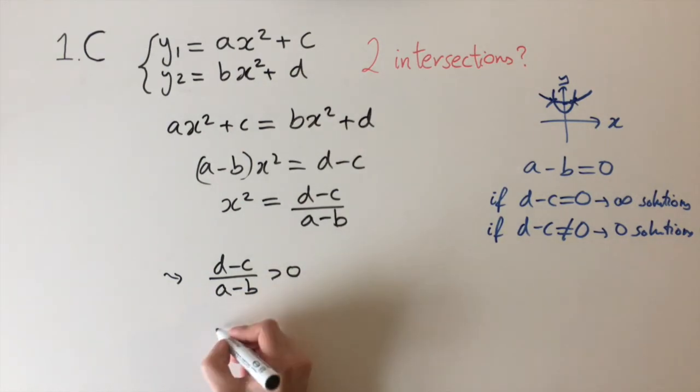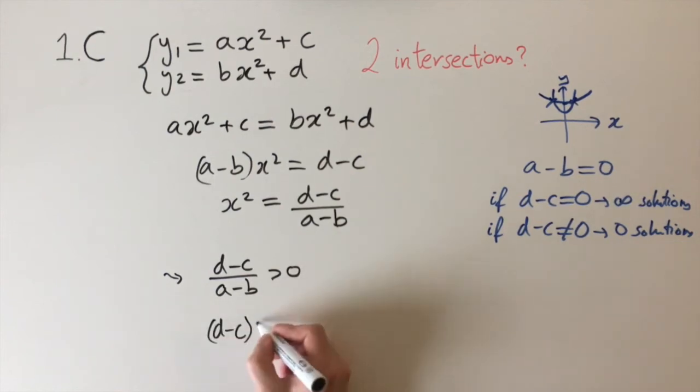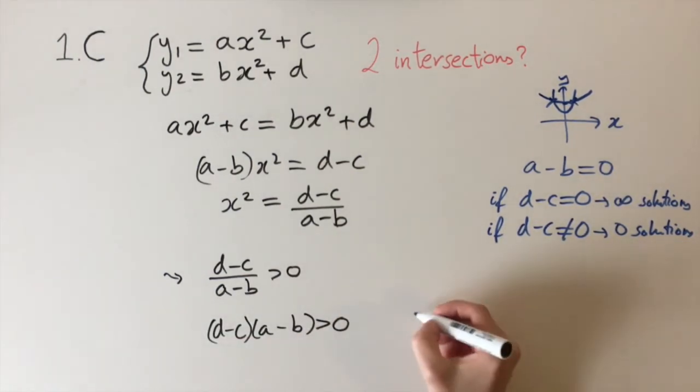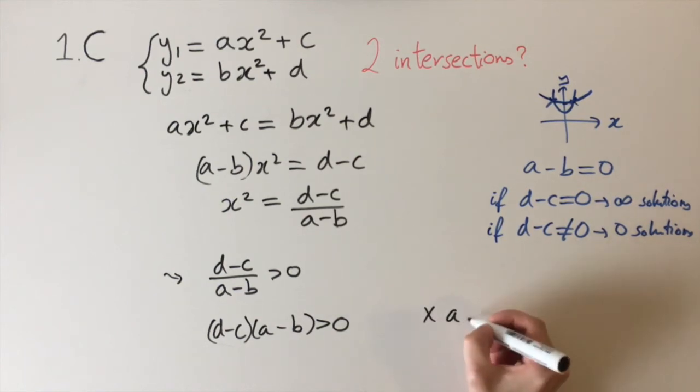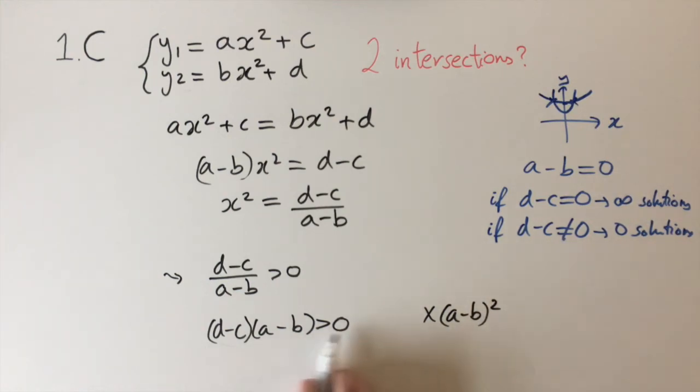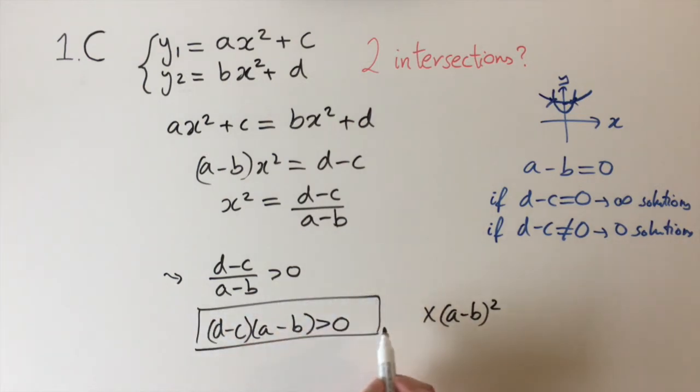We can also write this as d minus c times a minus b is greater than 0. What I've done is I've just multiplied by a minus b squared. And since a minus b is non-zero, this is always positive, so this doesn't change the sign of the inequality. And this actually lines up with one of the answers in the solutions that they give you.